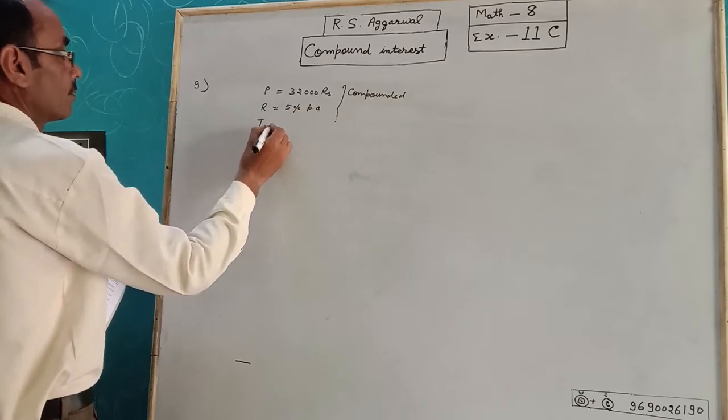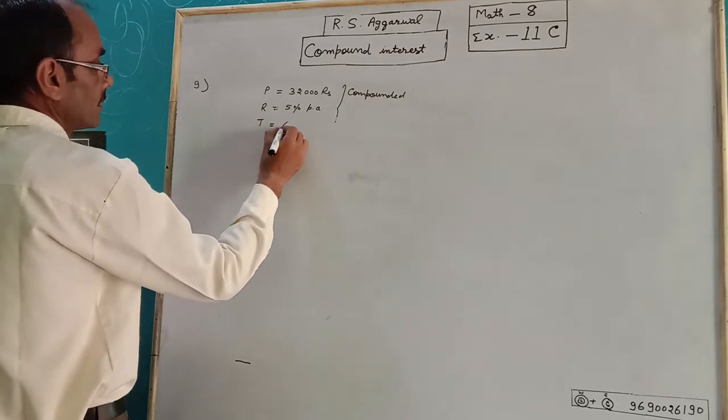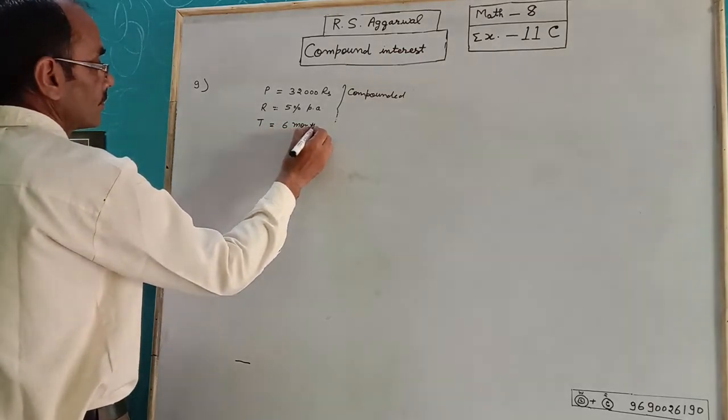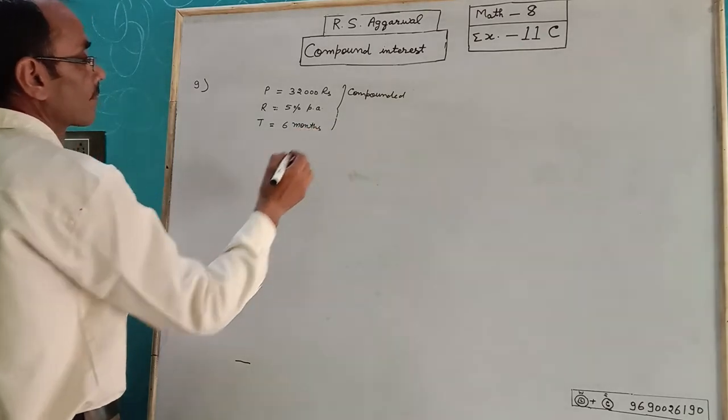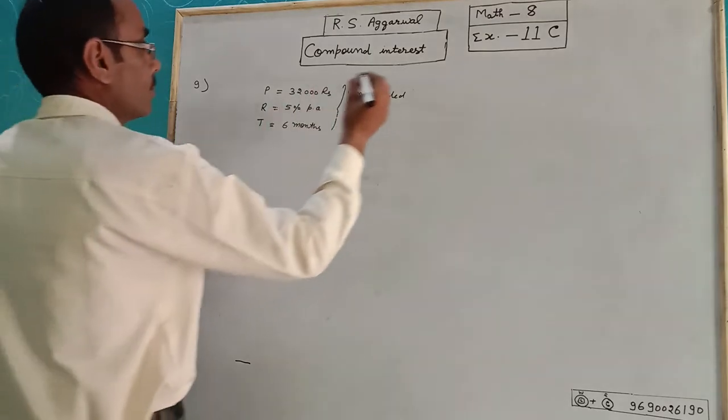Time is equal to 6 months. Compounded quarterly.